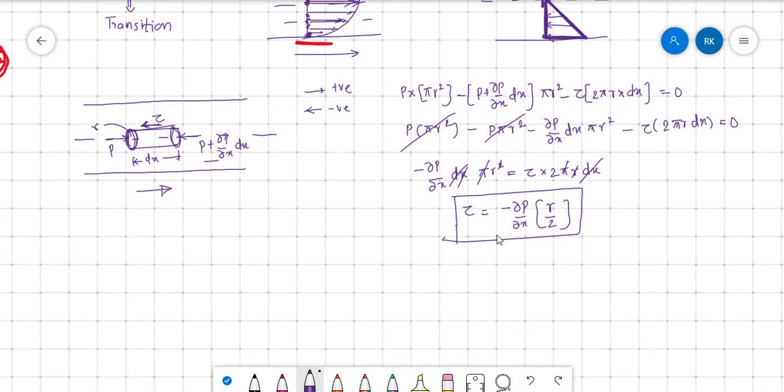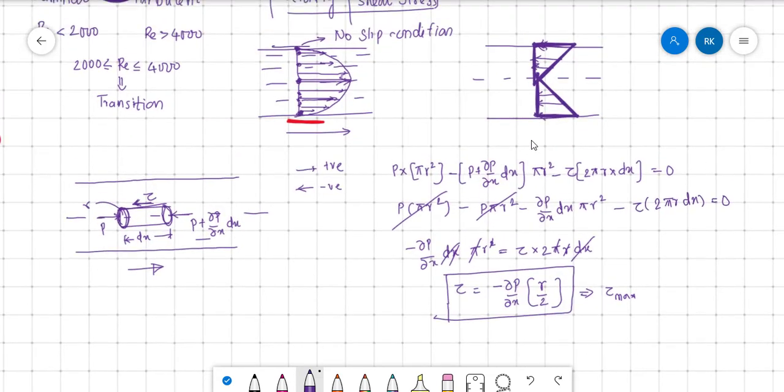Where will the maximum shear stress be? Here is the shear stress distribution. The maximum shear stress is at the wall surface.